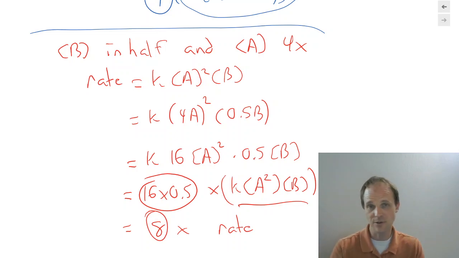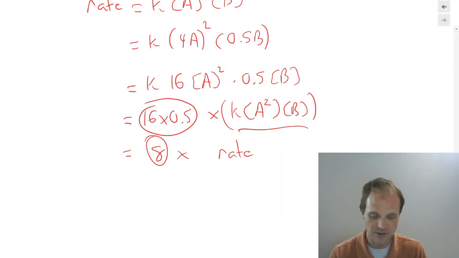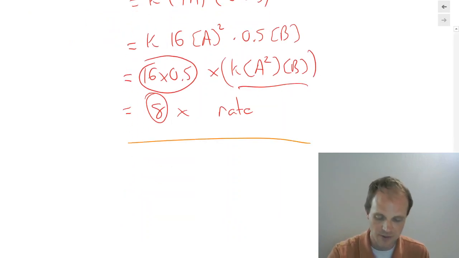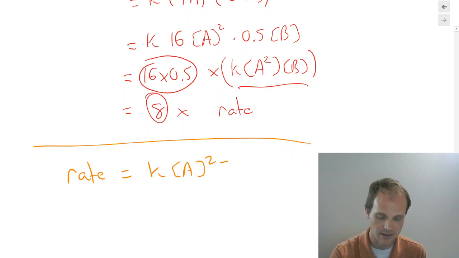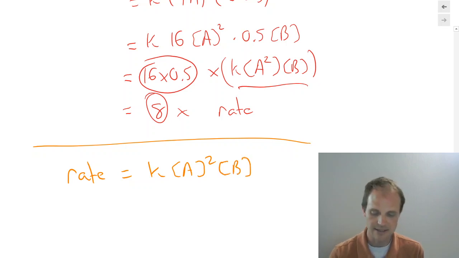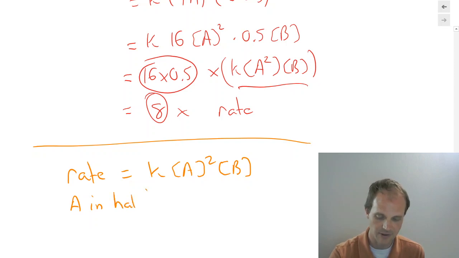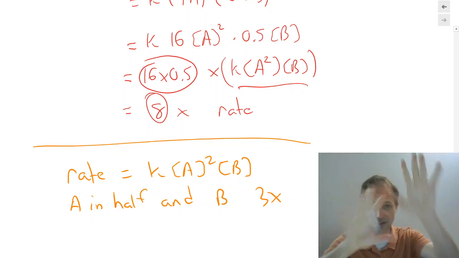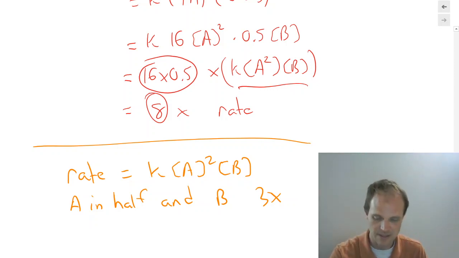And you actually don't have to do it this long way. You can do it kind of a shorthand way, which just says I've got rate equals k A squared B. And let's say I take A in half and B 3 times. What you can do instead of doing all that work up there, but that's kind of how it works, is I say, let me just put those numbers in.